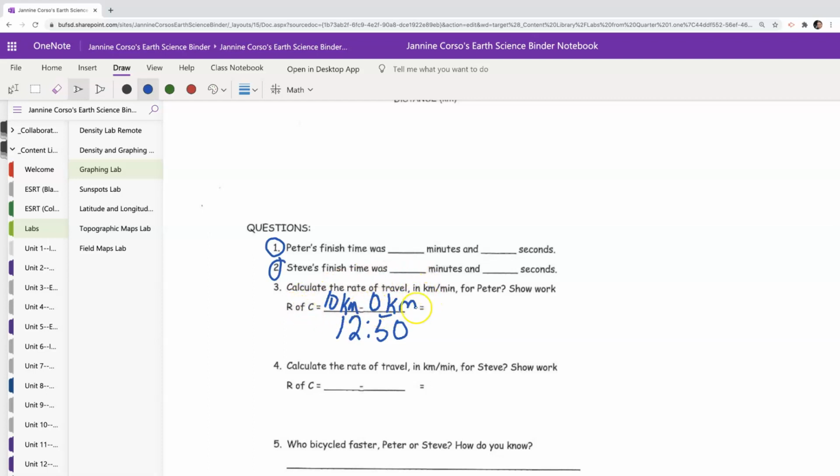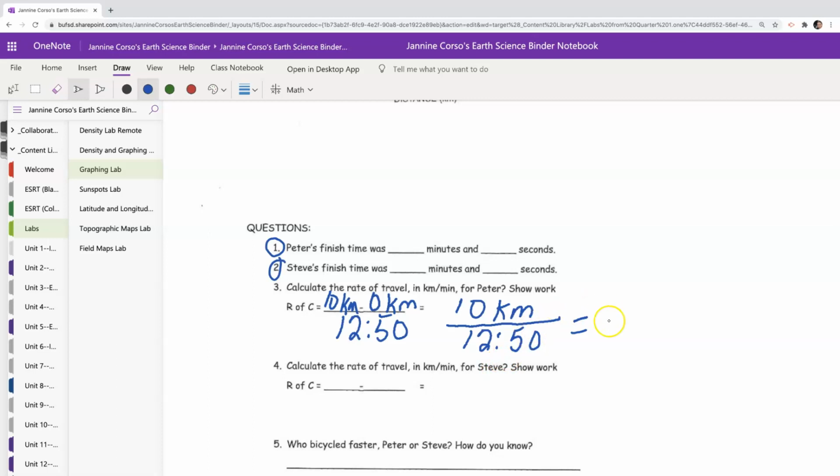And again, I'm doing my change in value divided by my total time. So if I break this down, 10 minus 0 kilometers equals a total of 10 kilometers. And I'm going to divide that by a total time of 12 minutes and 50 seconds, which is how long it took him to ride the race. When you do 10 divided by 12 minutes and 50 seconds, you're going to get a decimal.